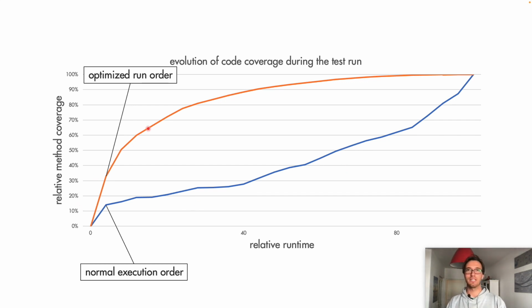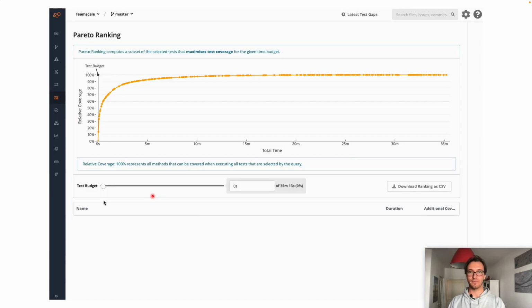In many teams, we also see the wish to have a clear cut, for example after 10 to 20% of the normal test run time, like 1 hour instead of 10 hours of test run time. This would be a clear cut here. If you optimize your test run order, you would get more than 60% coverage, and with the unoptimized one, you would remain with only 20% method coverage.